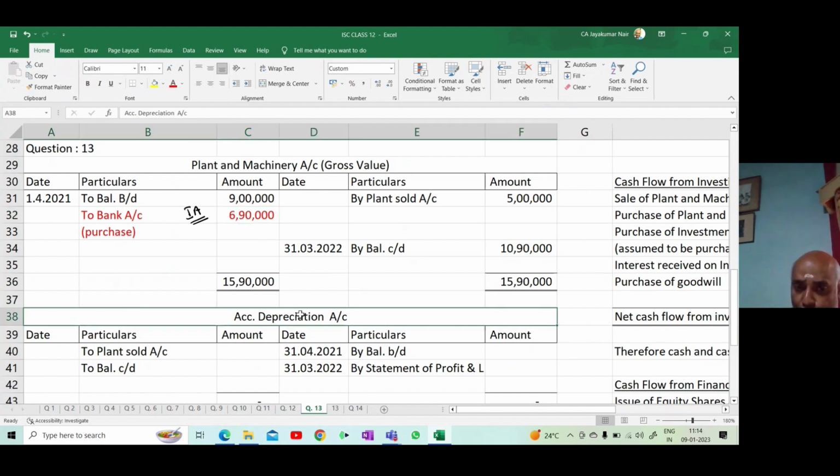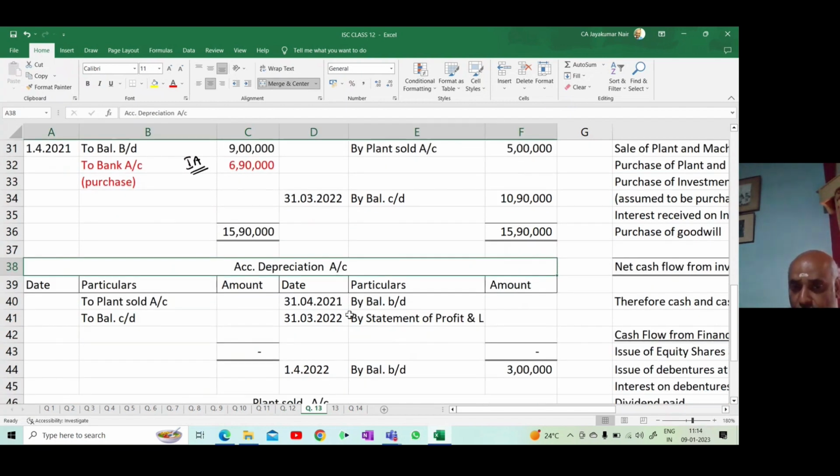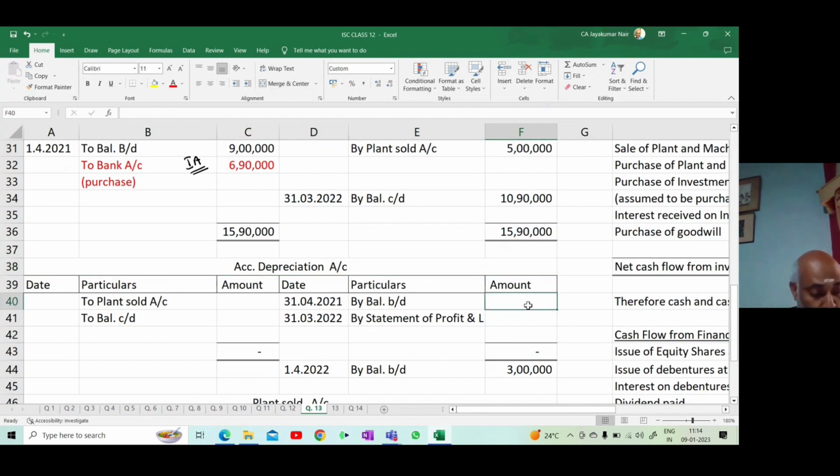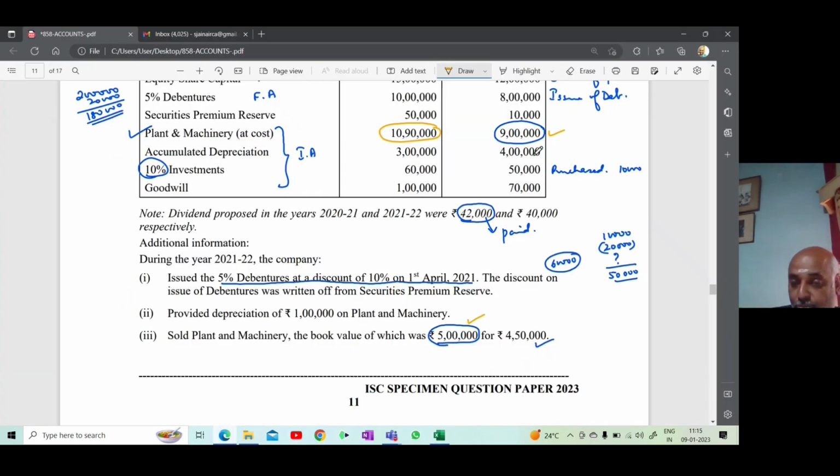In the same manner, open accumulated depreciation account. Accumulated depreciation will have a credit balance. Opening balance is 4 lakhs. Closing balance is 3 lakhs. This is your accumulated depreciation account, 4 lakhs and 3 lakhs.